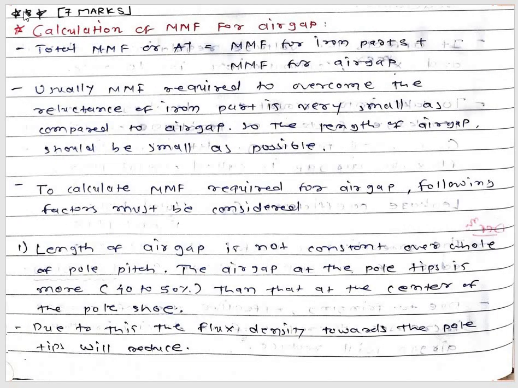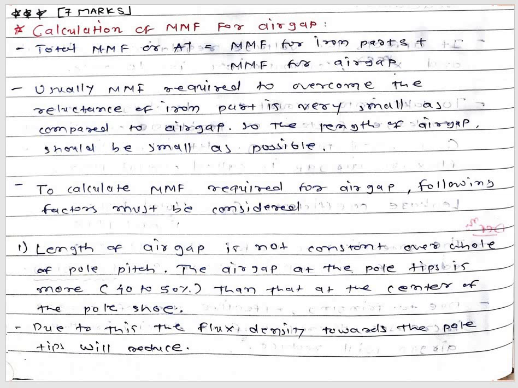Now the most important question for 7 marks: calculation of MMF for the air gap. First of all, we know that the total MMF or ampere turns required for a particular machine is given by MMF required for iron parts plus MMF required for the air gap.